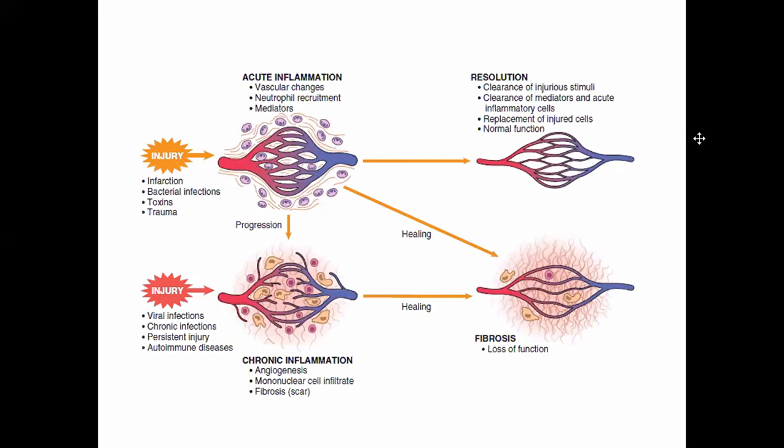So this picture shows the summary of acute inflammation. When a host encounters an injurious agent like toxins, trauma, or bacterial infections, the resident phagocytes and the phagocytes recruited from the blood try to eliminate these agents.